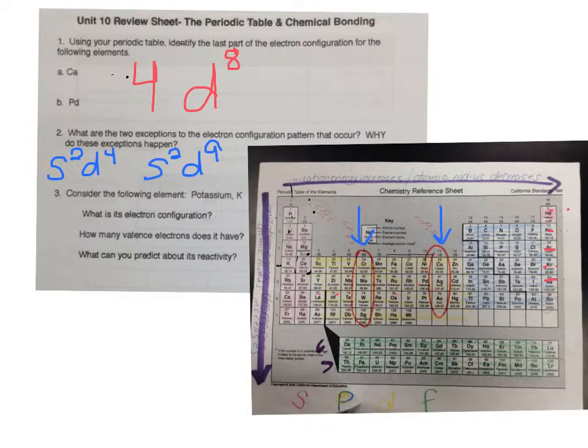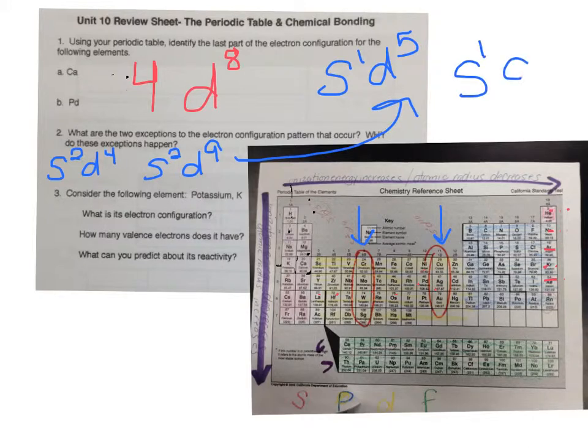But an element is much more stable when its d shell is full or half full. So instead of those, it switches. Everything in the row with chromium finishes with s1d5. It's more stable that way. And everything in the copper row finishes with s1d10 because it's more stable that way.